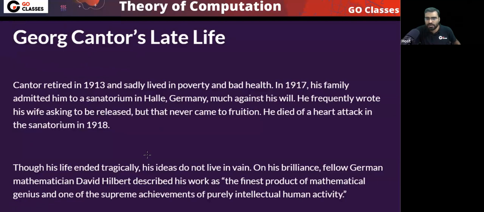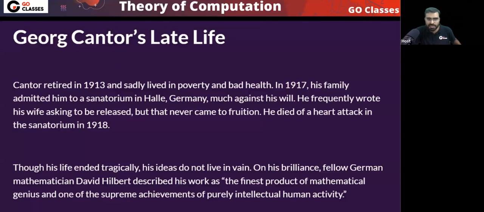I just want to tell you one thing, that when he was alive, mathematicians did not realize how significant his work was. The significance of his work was realized after a few years. Very simple. And today, George Cantor is known as among the great mathematicians.